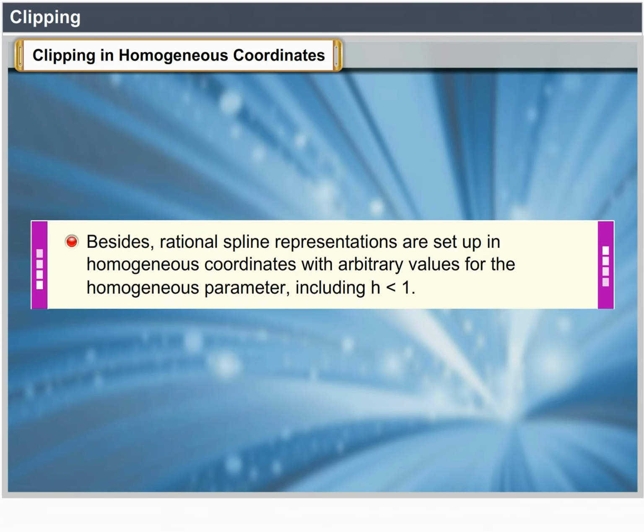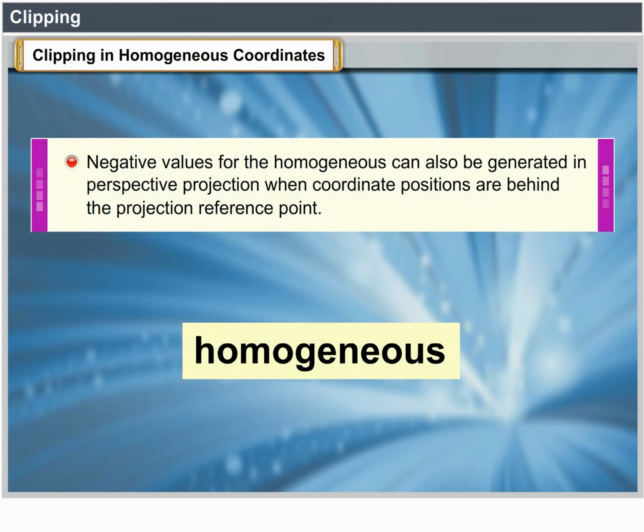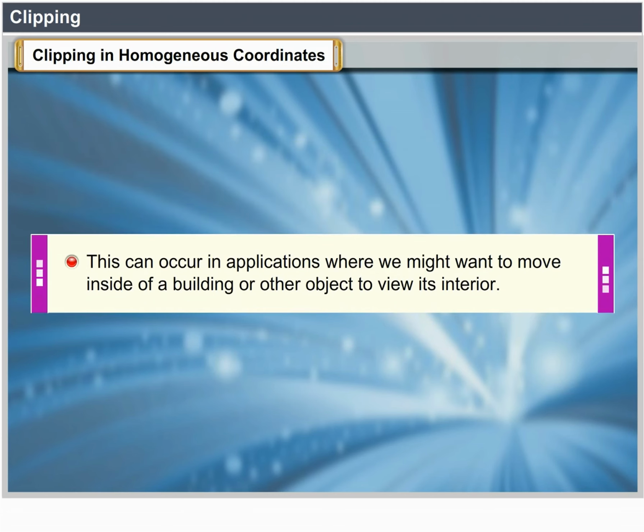Also, rational spline representations are set up in homogeneous coordinates with arbitrary values for the homogeneous parameter, including h less than 1. Negative values for the homogeneous parameter can also be generated in perspective projection when coordinate positions are behind the projection reference point. This can occur in applications where we might want to move inside of a building or other object to view its interior.